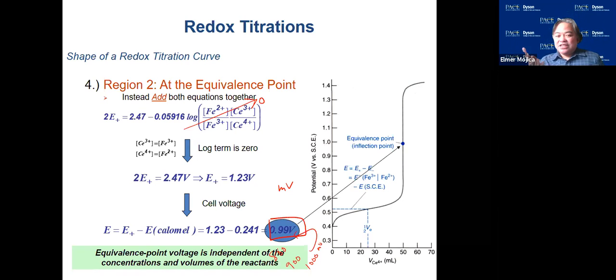Okay, so that's how you get the equivalence point. So in the end, you get the positive electrode, which is 1.23 potential, minus 0.241, which is your reference electrode.